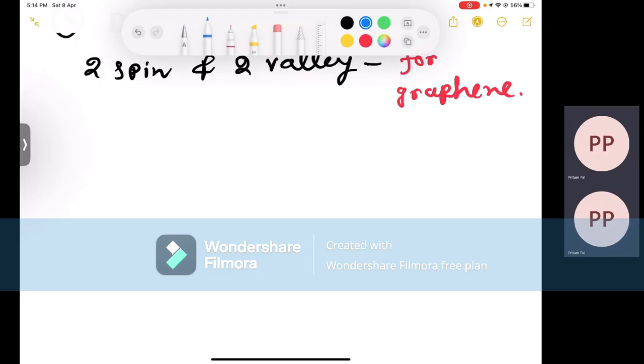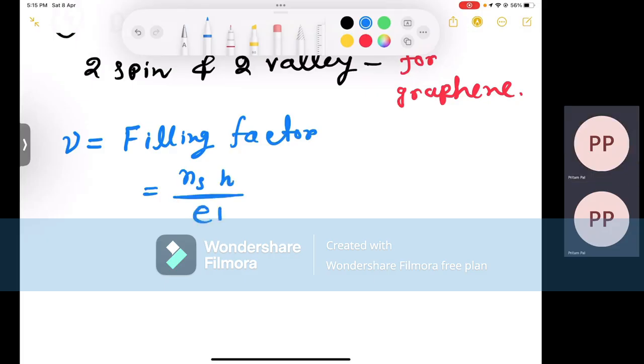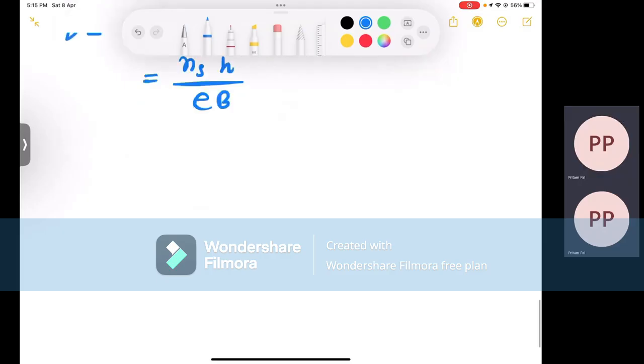Now we can write this in terms of the degeneracy, right? So the filling factor, this is called the filling factor, is the carrier density times Planck constant over eB, right?